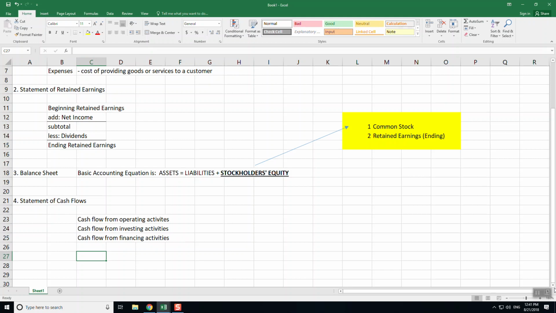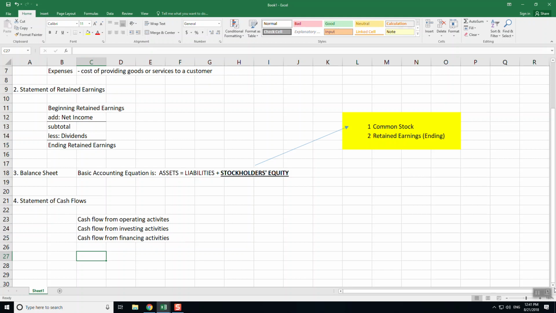So payroll expense would be an operating activity. The cash coming in from the sale of water bottles would be an operating activity. So it's really what your central business is about. That's your operating activity.